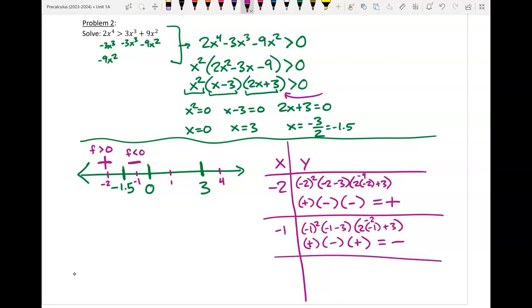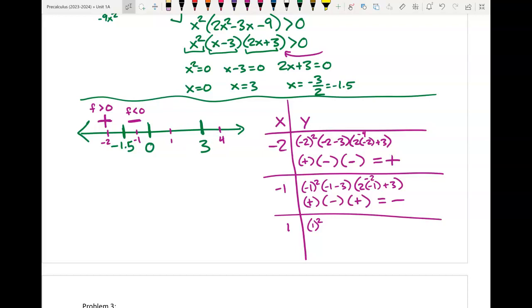All right, let's plug in +1, so still positive here. And here we have 1 minus 3, that is still negative. Here I have 2 times 1 plus 3, that's going to result in a positive for sure. So that is also negative, so f is less than 0.